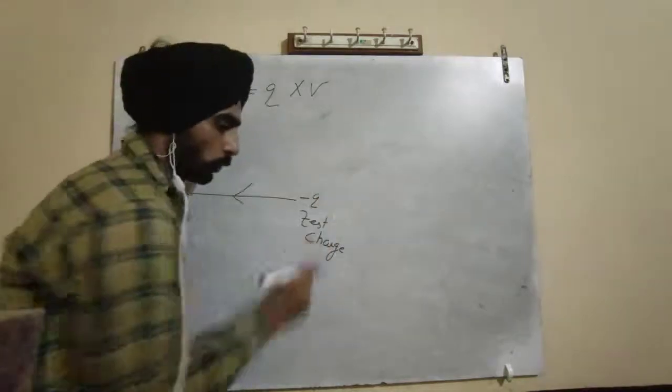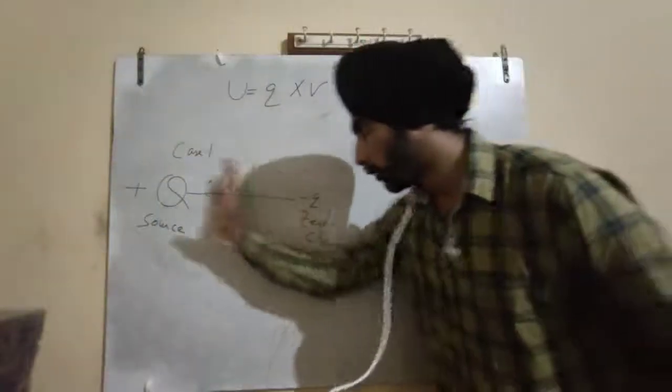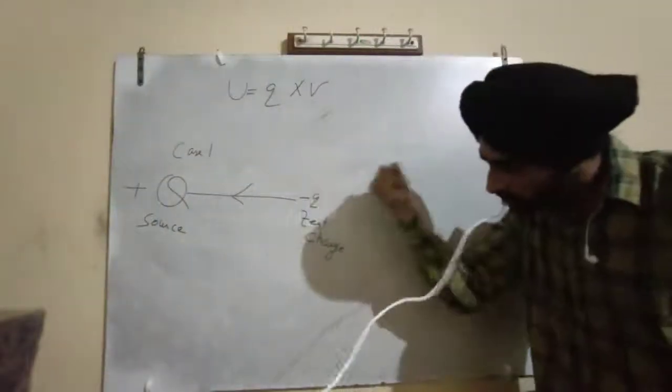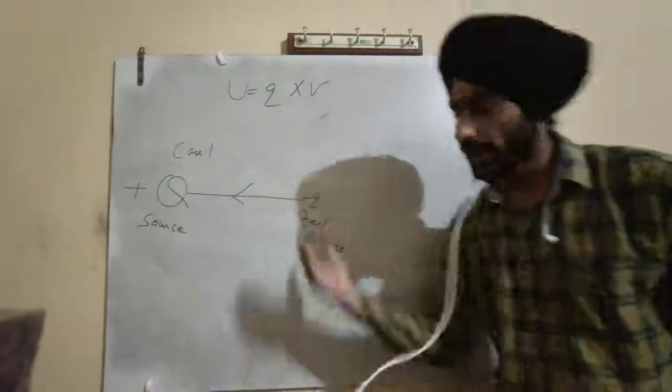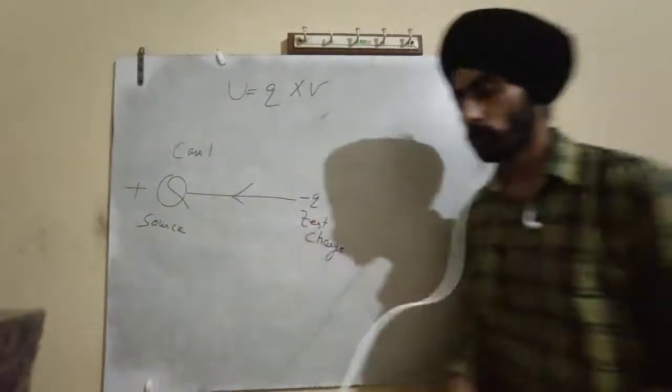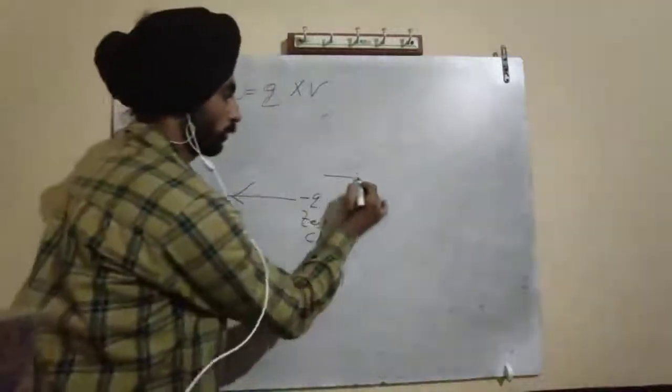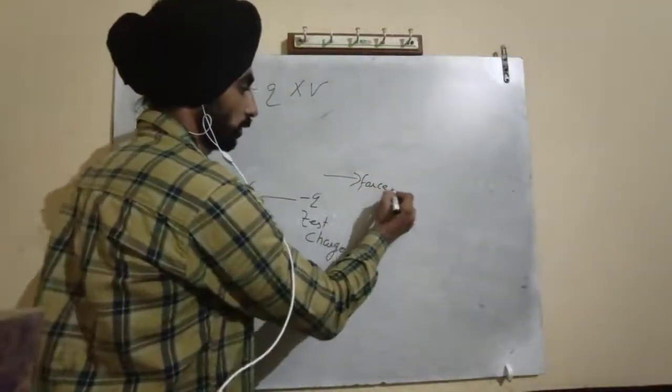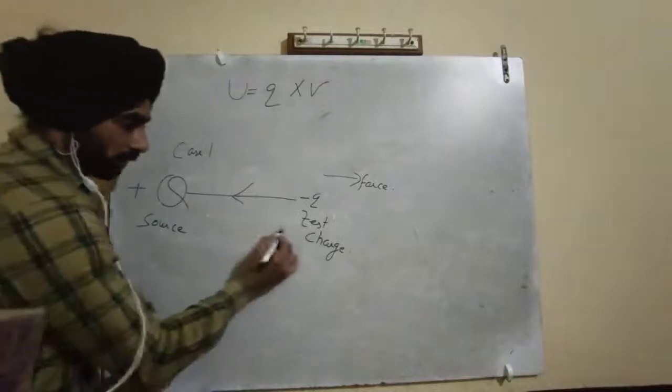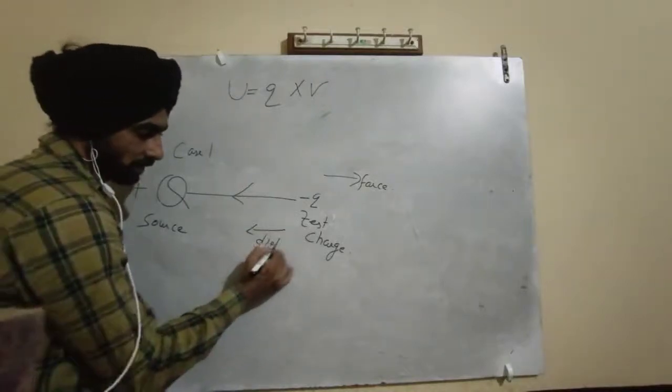So it will try to move in this direction, so you will apply force in this direction so that it does not go that way. You will apply force in the opposite direction, so your force will be in this direction. Okay, but displacement is taking place in this direction because it is moving.